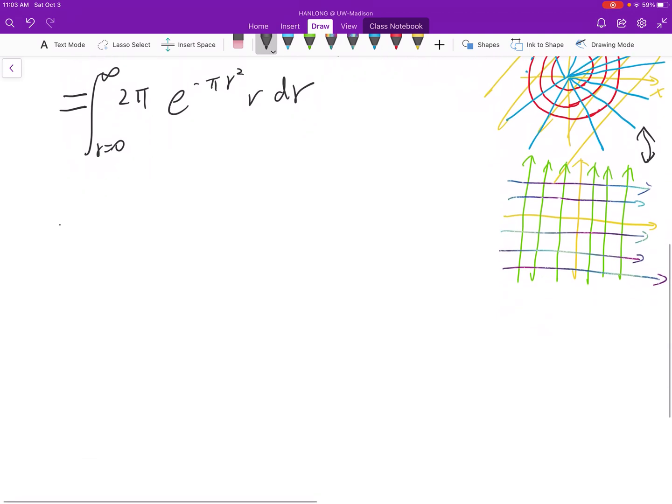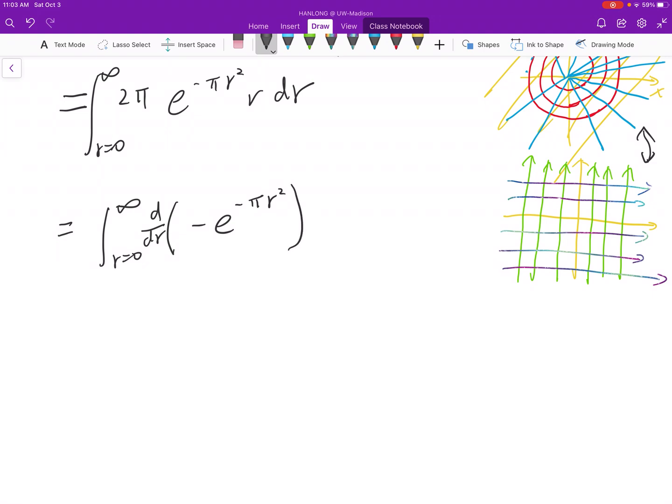Now you can write this as the total derivative in r of negative exponential of negative pi r squared.